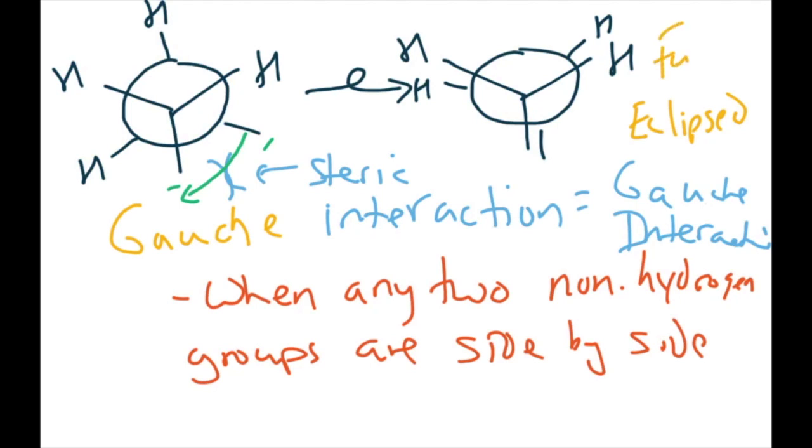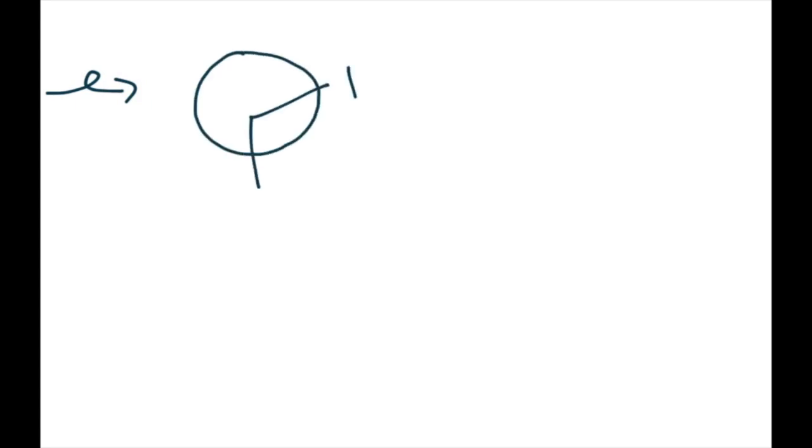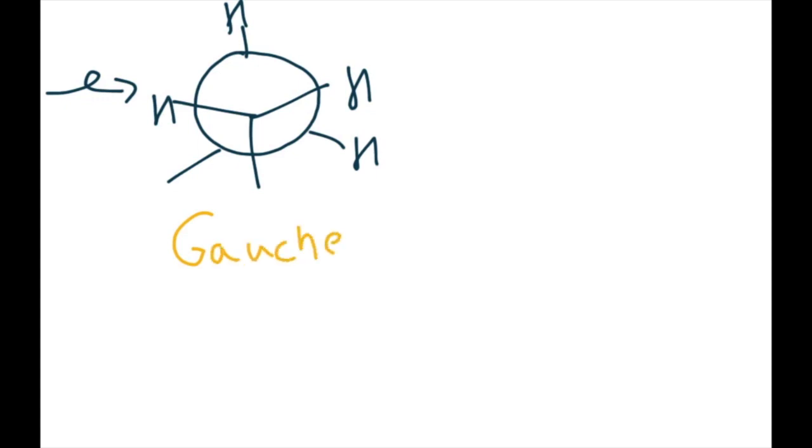So this is fully eclipsed. Now I'm going to keep going this way, and now I'm going to end up with another gauche. Another gauche conformation. Keep going again.